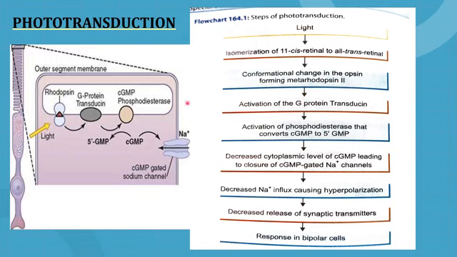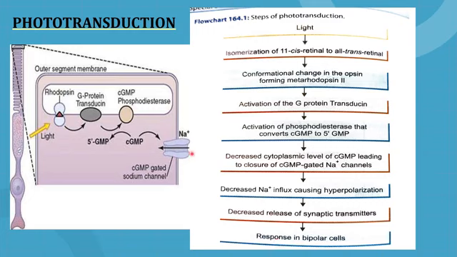Meta-rhodopsin 2 activates the G protein transducin, and then phosphodiesterase is activated, which converts cyclic GMP to 5-GMP. The decreased cytoplasmic level of cyclic GMP leads to closure of cyclic GMP gated sodium channels, and decreased sodium influx causes hyperpolarization, decreased release of synaptic transmitters, and then a response in the bipolar cells.